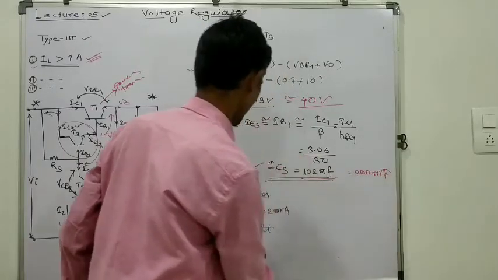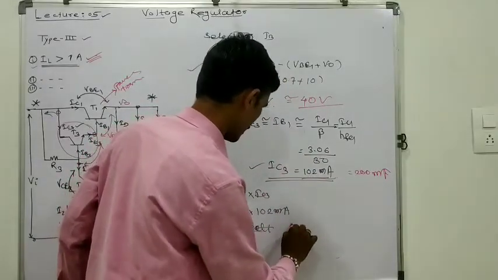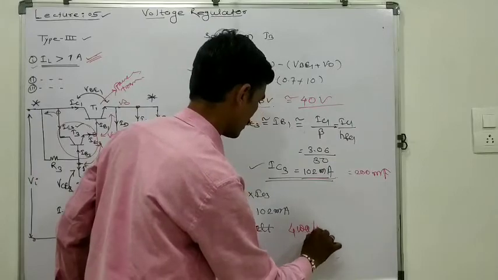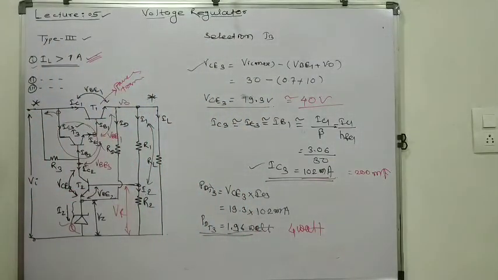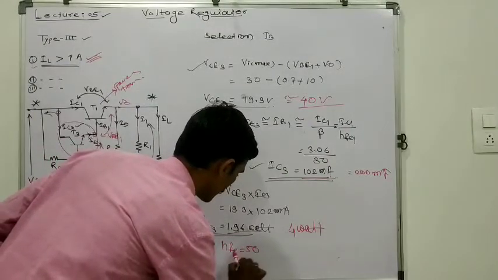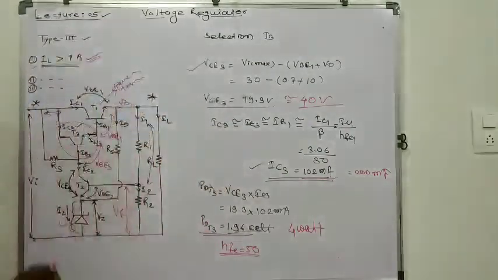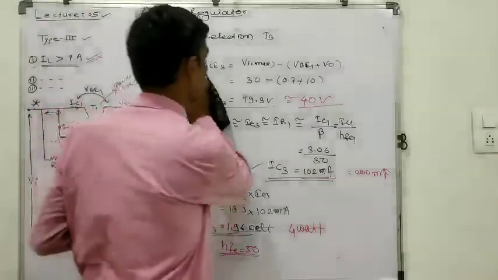Power dissipation is 1.96, so we can select 4 watt. Next part is to select the HFE. We can select HFE as 50. So this is the selection of transistor T3. The last component is the selection of R3.